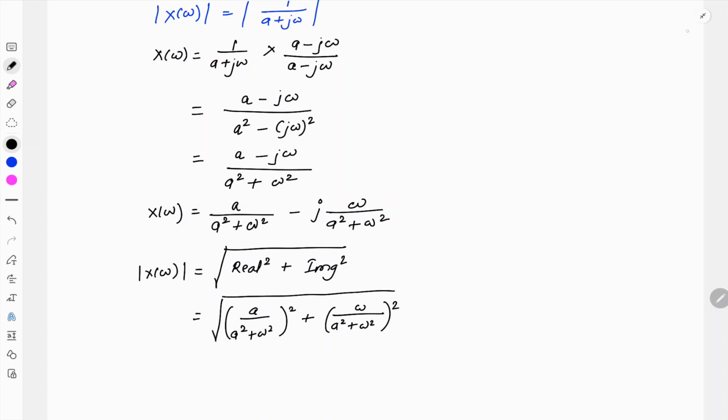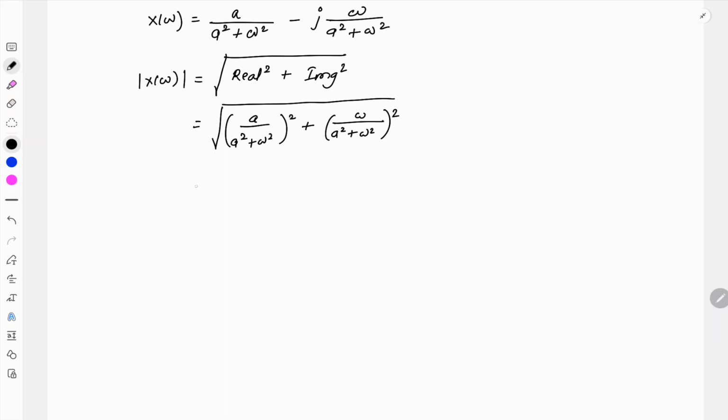So if we further simplify it, we get under root of, so here we can separate out the square terms. So here a square upon a square plus omega square whole square plus omega square upon a square plus omega square whole square. So we can now add the numerator terms because the denominators are the same.